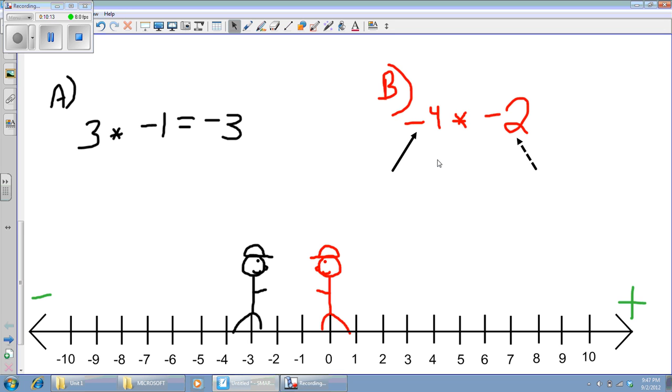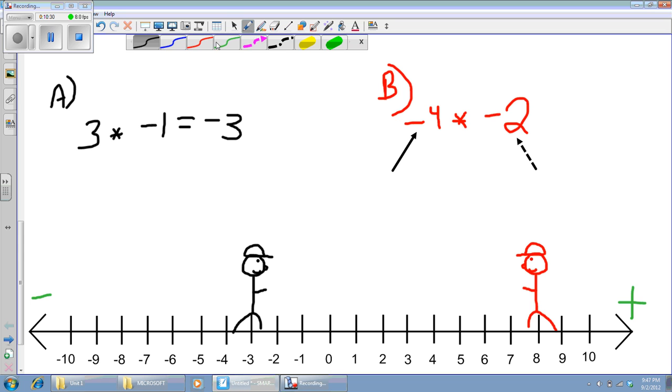That is, he's going to do 4 moves walking backwards twice each time. 1, 2. There's 1 move. 1, 2. There's 2 moves. 1, 2. There's 3 moves. 1, 2. There's 4 moves. And look at that. Bobby ends up at +8.